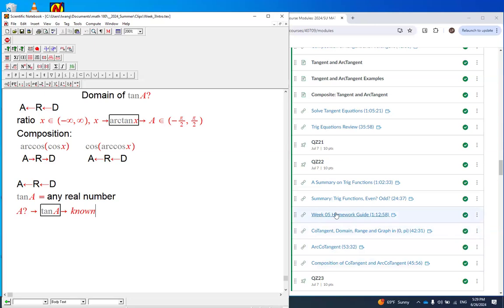So for cotangent and arccotangent, especially arccotangent, it's rarely used. So this section, I would say it's optional. Okay, I know some of you may like to hear that. Arccotangent, this is optional.